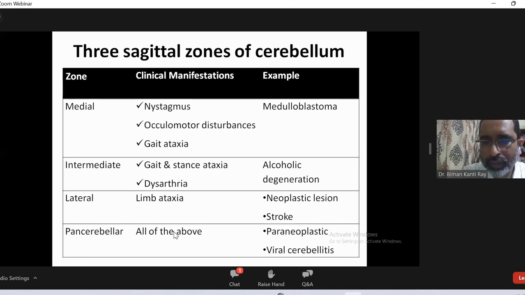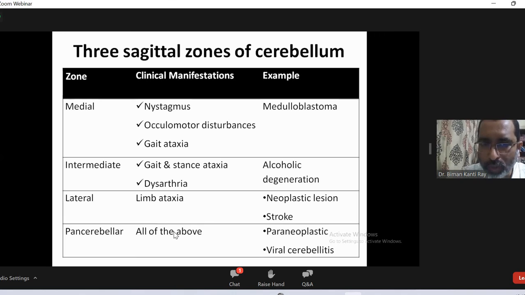Classically, cerebellum has been divided into 3 parts. One is medial part, zone-wise, medial part, intermediate part, and lateral part. The medial part of the cerebellum, that is constituted mainly by the vermis and to some extent flocculonodular lobe.